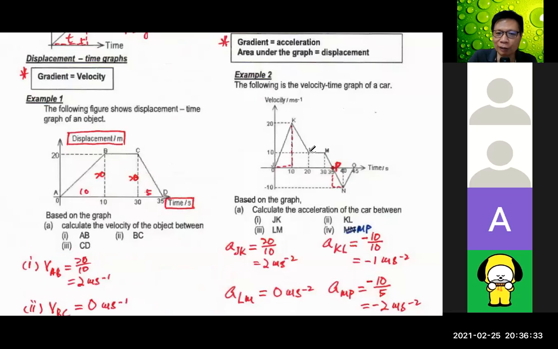But in this graph, the object is still moving, with constant velocity 10. The only thing is that when the velocity is constant, it means no acceleration. The acceleration is 0, but the object is still moving with a constant velocity of 10. Okay, that means here it is moving, we don't confuse.